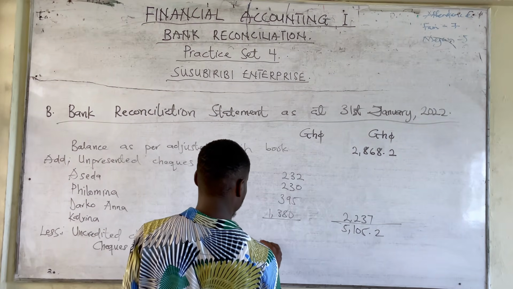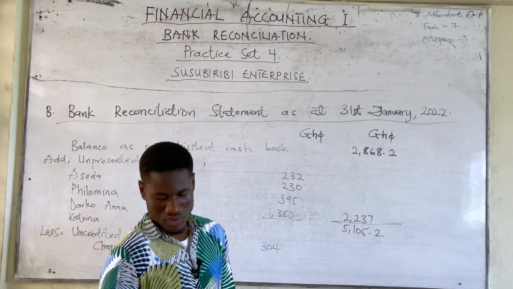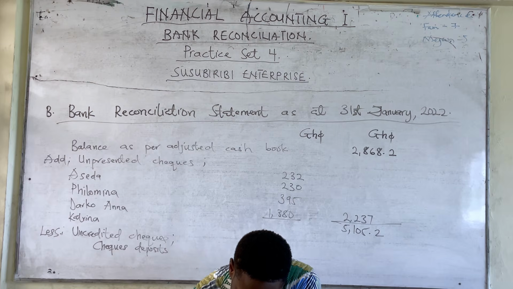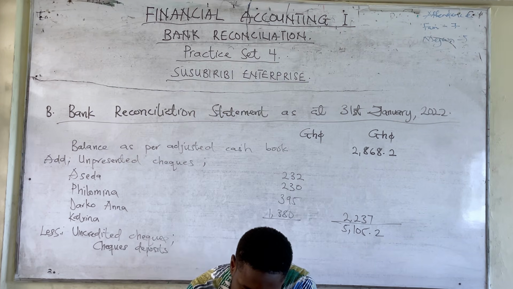Good. Then we move on and see if there was any item debited in the cash book but was not credited in the bank statement. Okay, so we have another cash deposit 1,630.